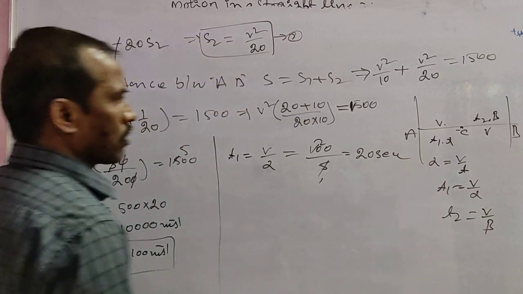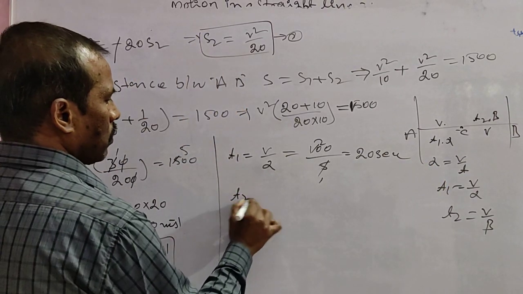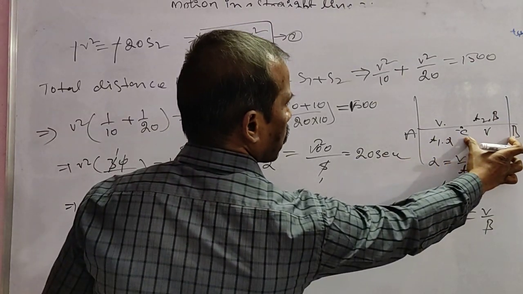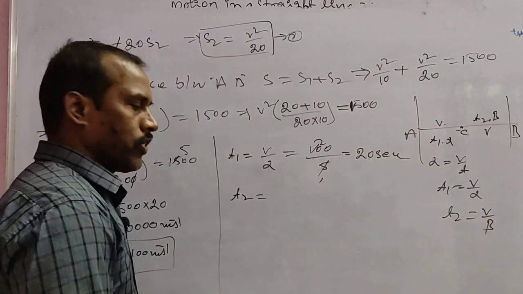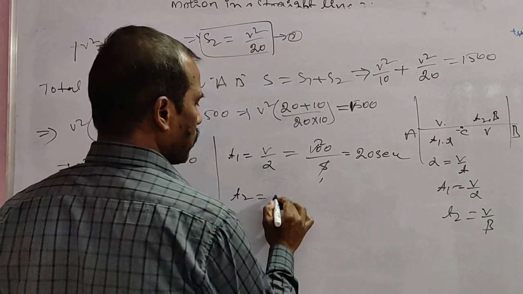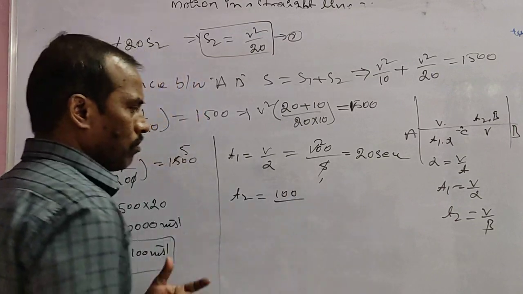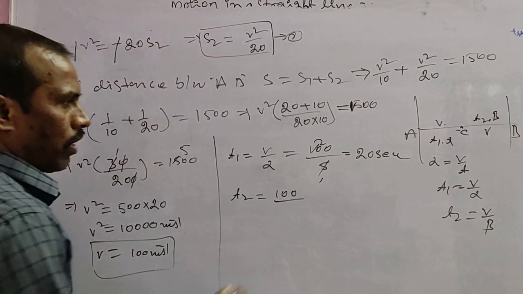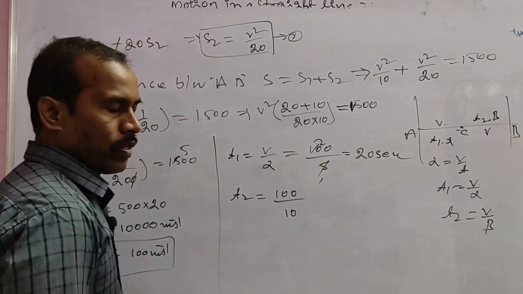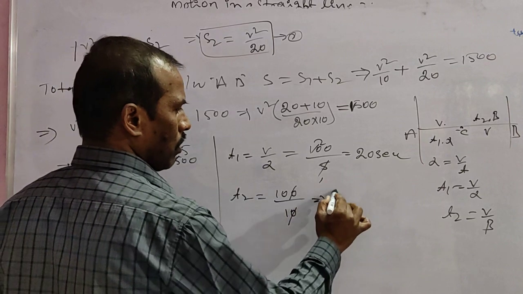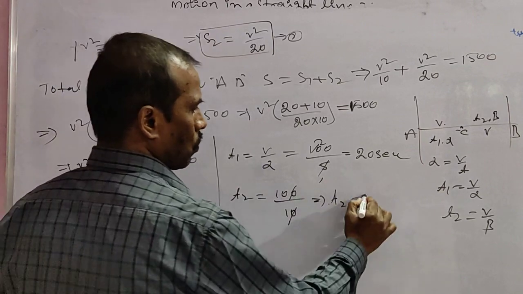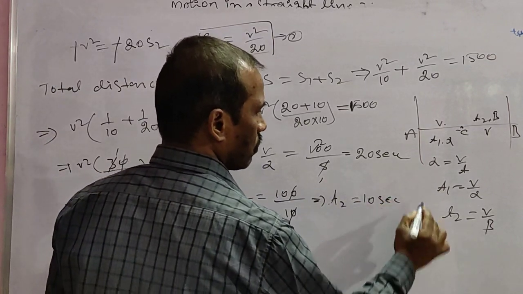Next, T2 is equal to the maximum velocity by the retardation. The maximum velocity is 100 meters per second and the retardation is 10. The zeros cancel, so T2 is equal to 10 seconds.